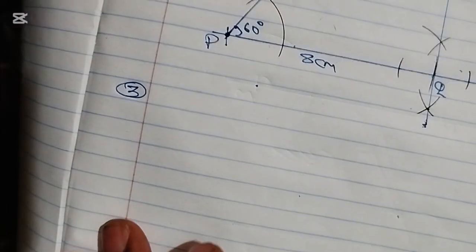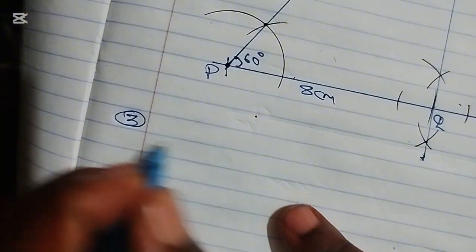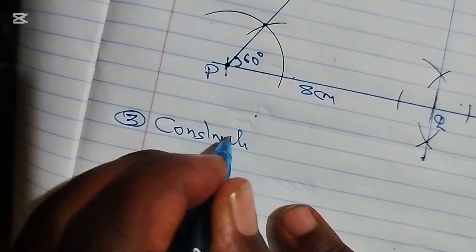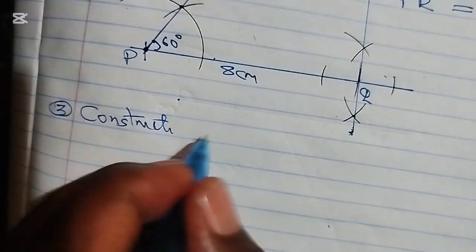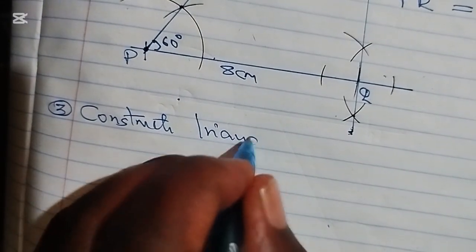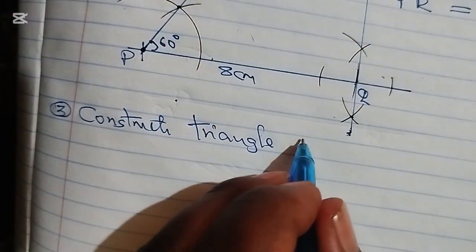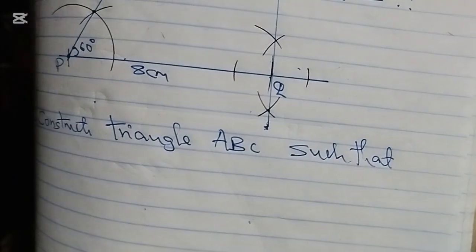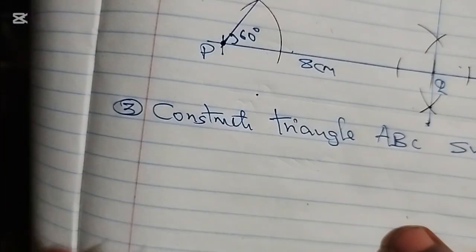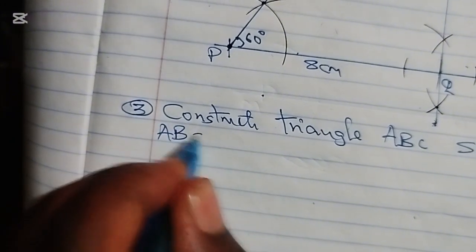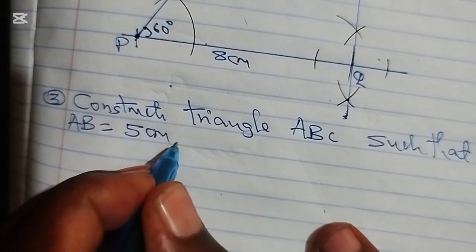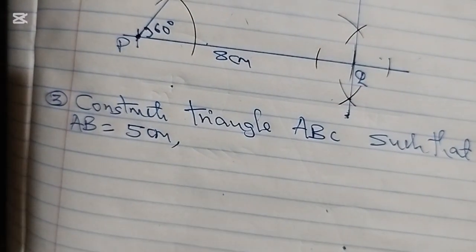Example number 3, I want to say: construct triangle ABC such that AB is equal to 5 centimeters. AB is 5 centimeters.